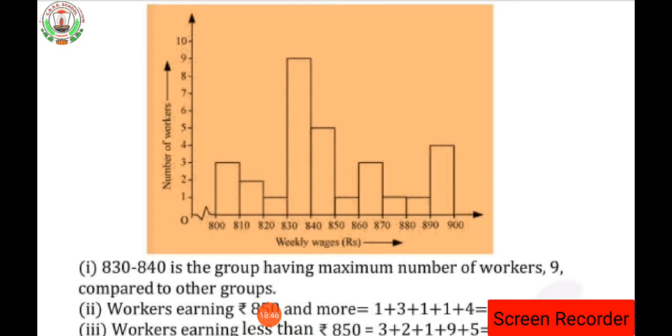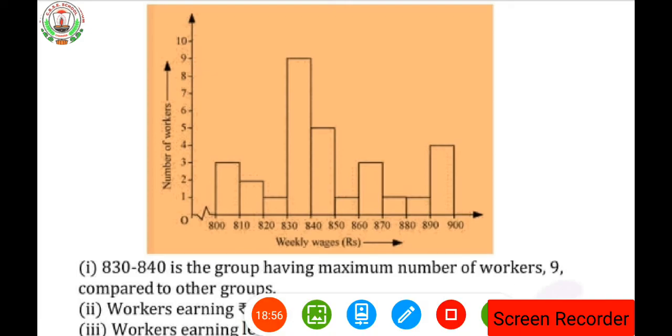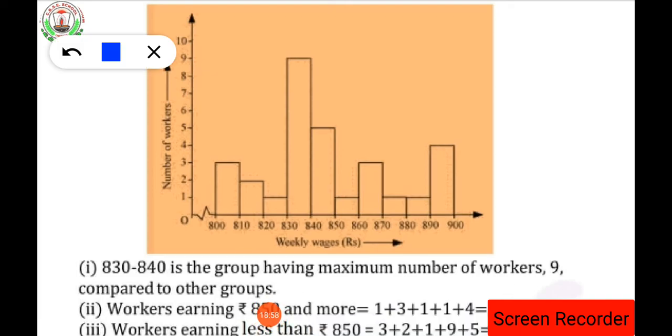Okay. Now you will ask me, teacher, why are the graphs joined over here? The two bars are joined, like 800 to 810. You will ask me, teacher, why are the two bars joined? So dear students, the reason behind this, listen very carefully. Suppose 800 to 810 is our first class interval.